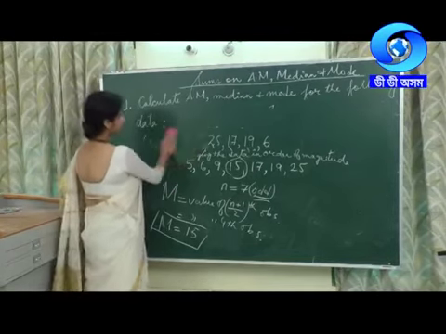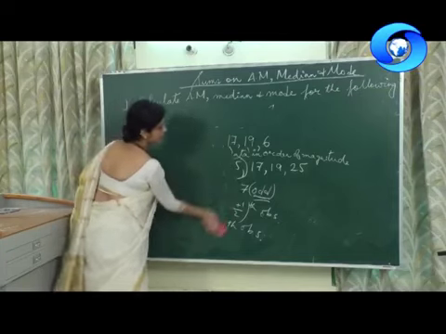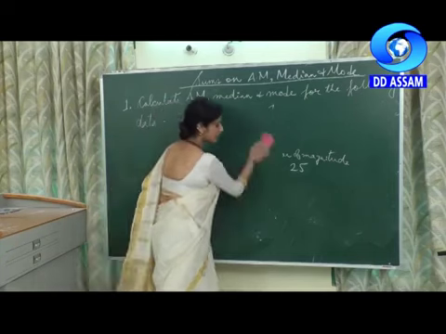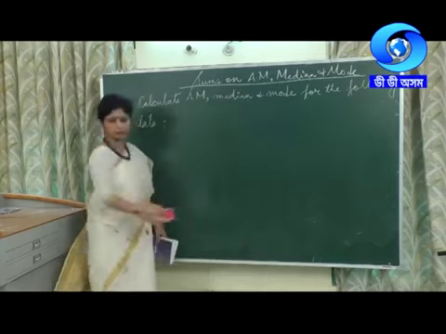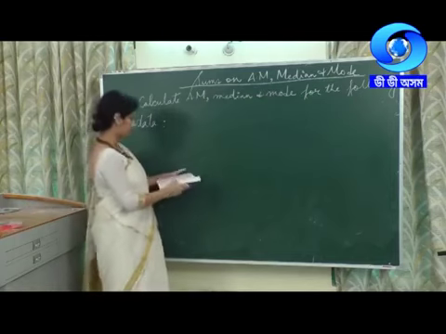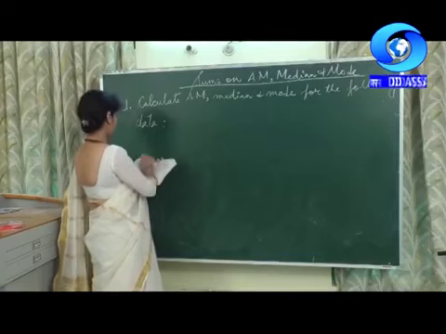Alright, now we shall take up the case when you have a discrete frequency distribution given to you. Supposing you have a distribution like this, where x and f are given to you.